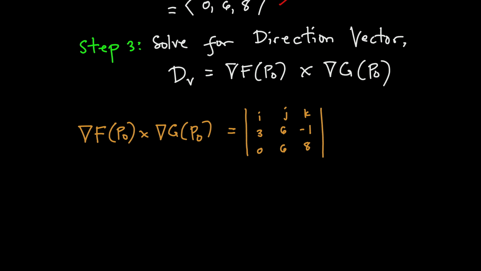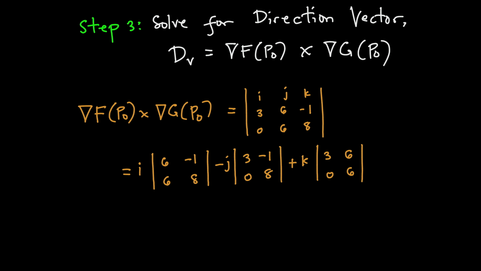And it follows that this one is equal to this. As a quick recall, we can obtain this constant by canceling the first row and first column. This constant can be obtained by canceling the first row and second column. And the third constant can be obtained by canceling the first row and third column. So that's why you will have 3, 6, 0, 6.